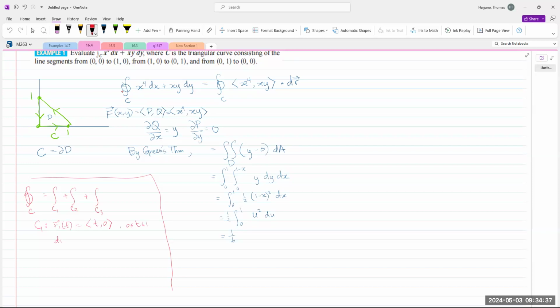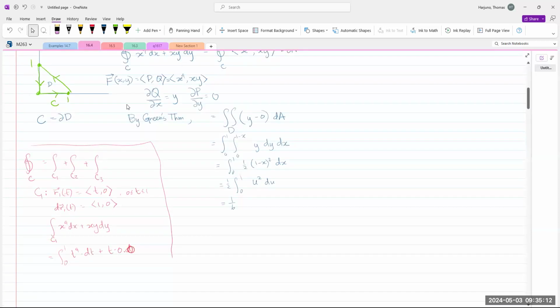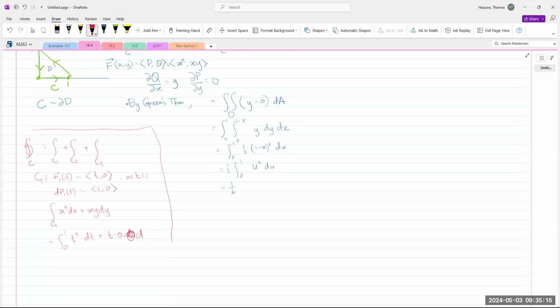So dr1 of t will be (1, 0). So the integral over C1 of x to the 4th dx plus xy dy equals the integral from 0 to 1 of t to the 4th dt plus xy dy, which is 0 dy, 0 dt. This is basically 1/5.